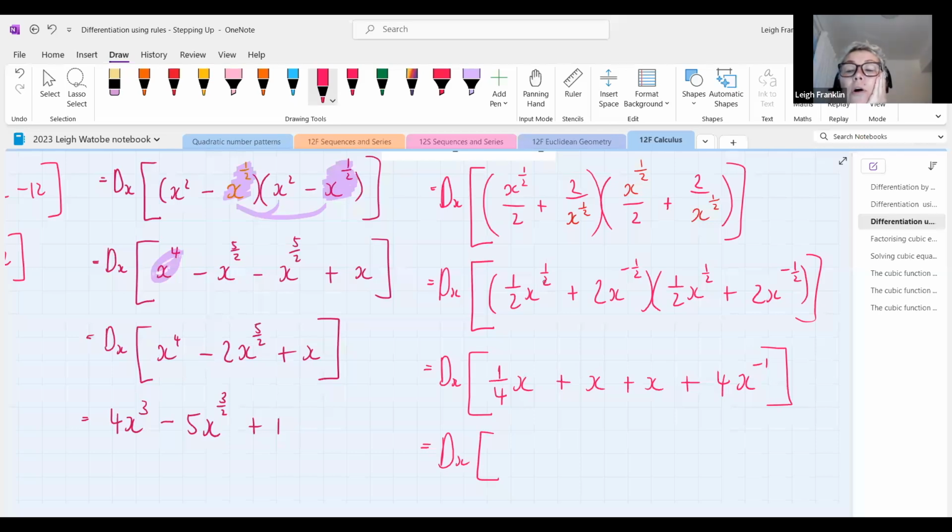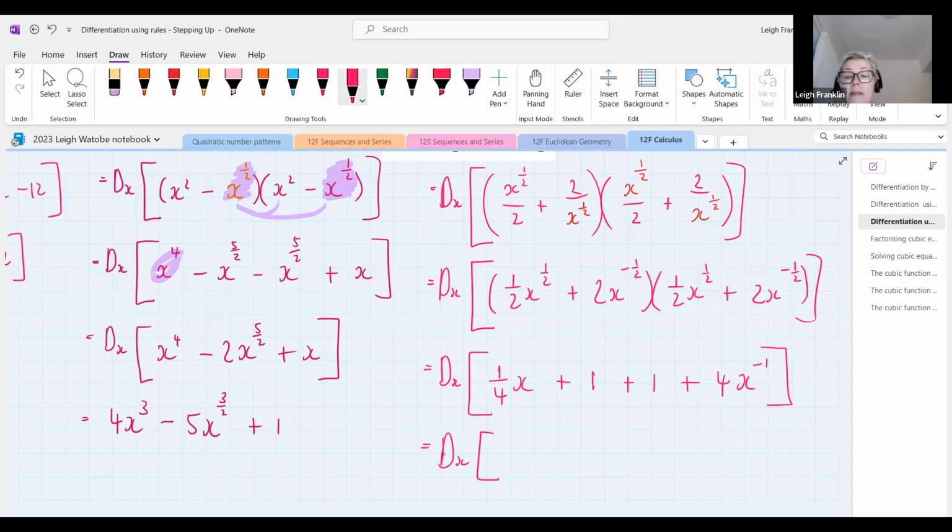Then you've got a half times 2, which is 1. And when you multiply like bases, you add exponents. So a half plus a negative half would be 0, wouldn't it? Yeah. So sorry, those middle terms are not supposed to be x's. That's supposed to be a 1. Sorry, this is supposed to be a 1, not an x. So that should be 1, and that should be 1 like that as well.